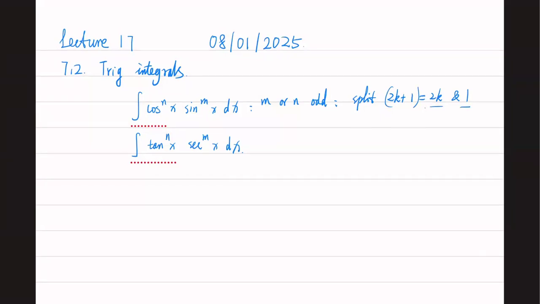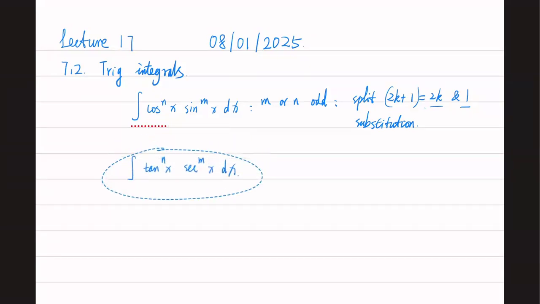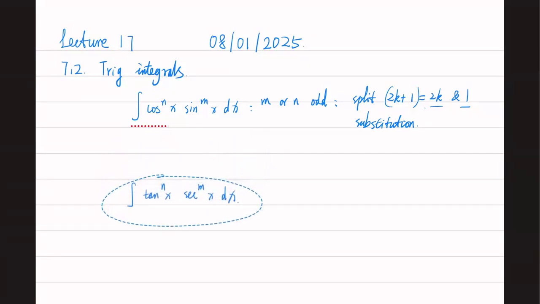Then we use substitution. If both of them are odd, substitution. If both of them are even, double angle formula.